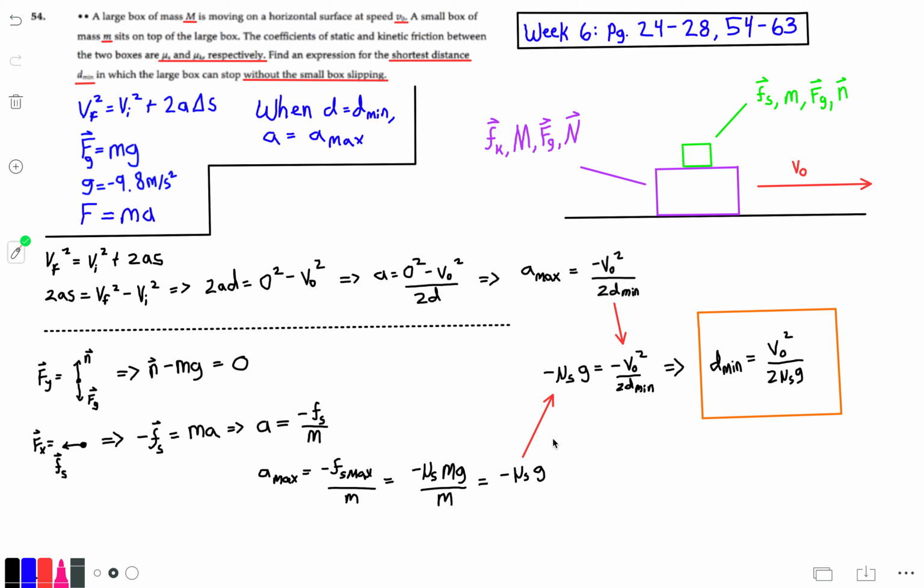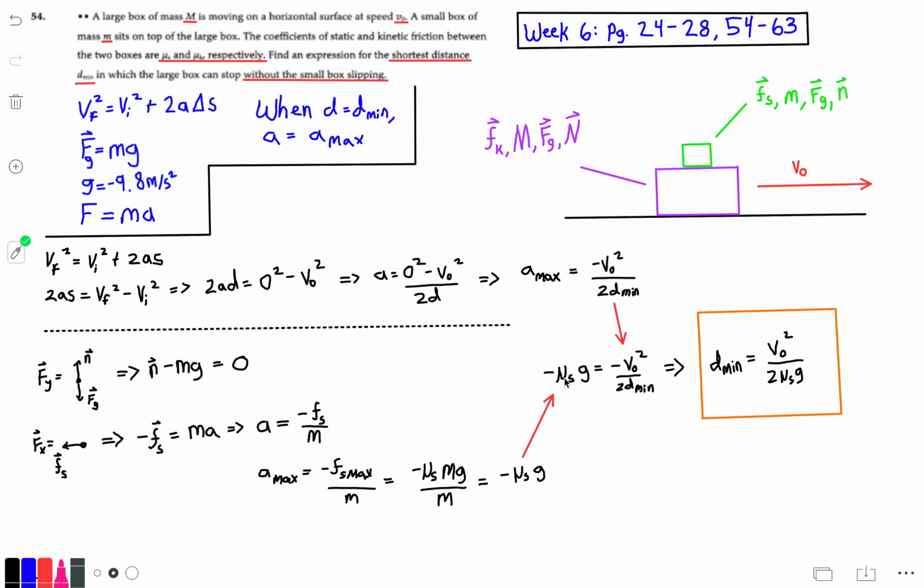When we're solving for the maximum acceleration that we can have, we need to assume, as I mentioned, that this is the maximum force of static friction. At the maximum force of static friction, we have our static friction coefficient times our mass times gravity, all of which is divided by m, as we can see here.